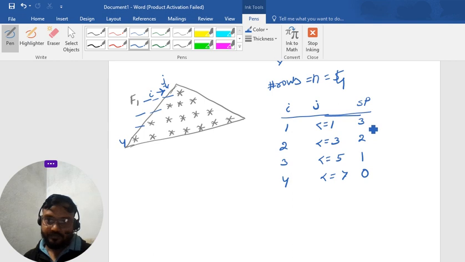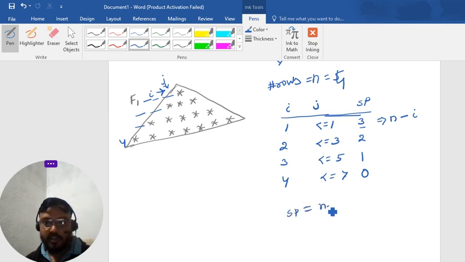So what is space? Space is nothing but the number of rows, that is n minus i. Here n is 4, 4 minus i, that is 1, gives 3. Perfect. sp, the space, equals n minus i.